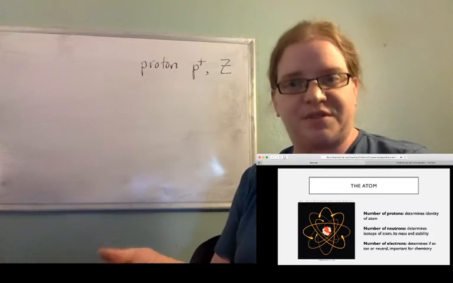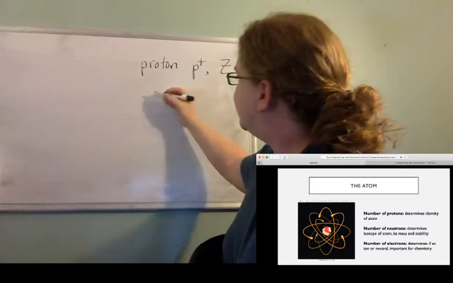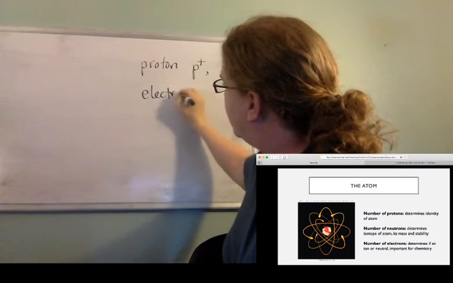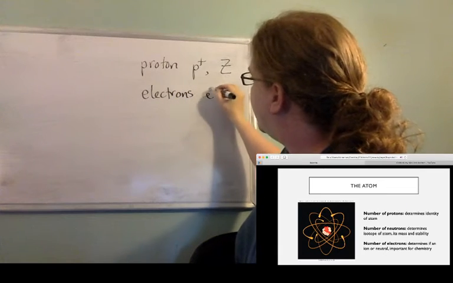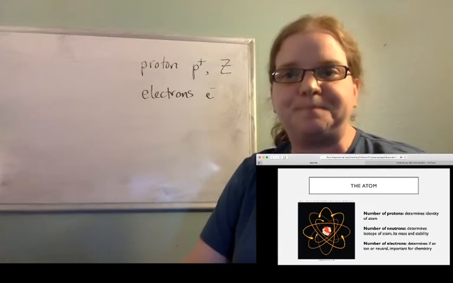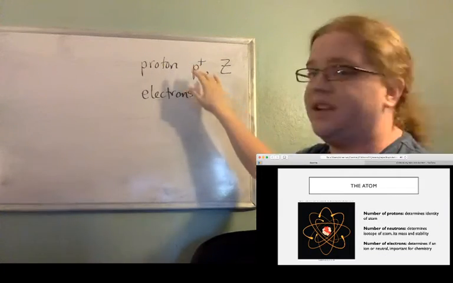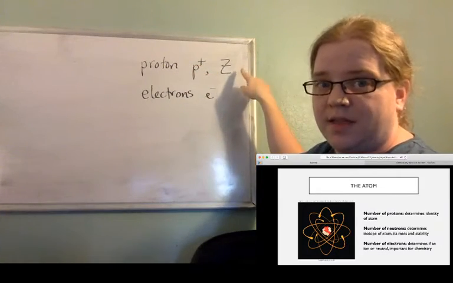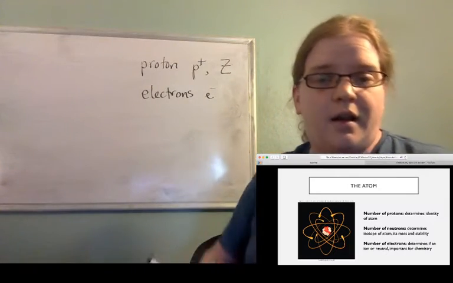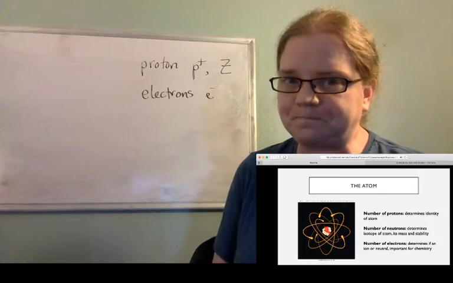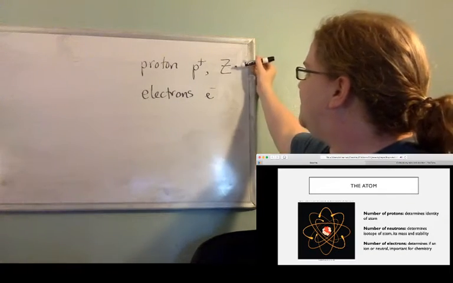They're positive. We also know there are electrons, which we'll call E-. Assuming that the number of protons and electrons are the same, you can use Z for either, although we usually stick with it for protons.